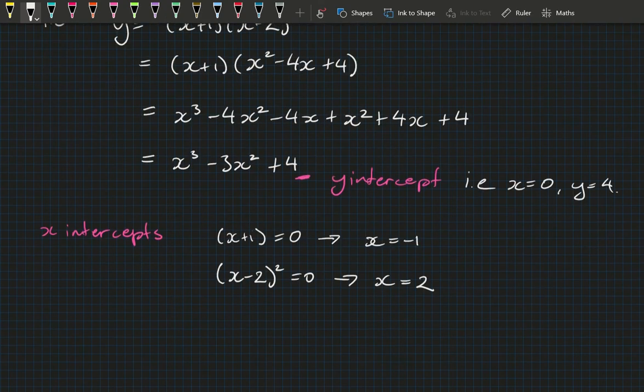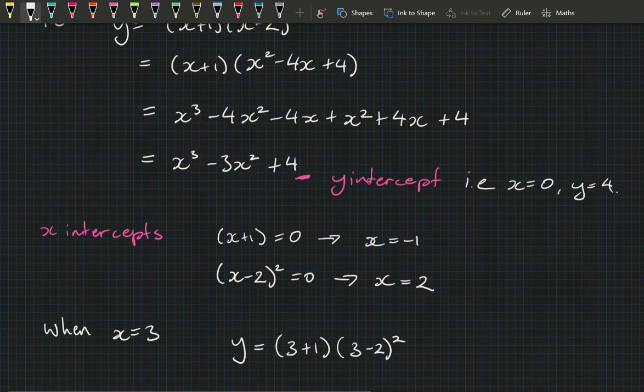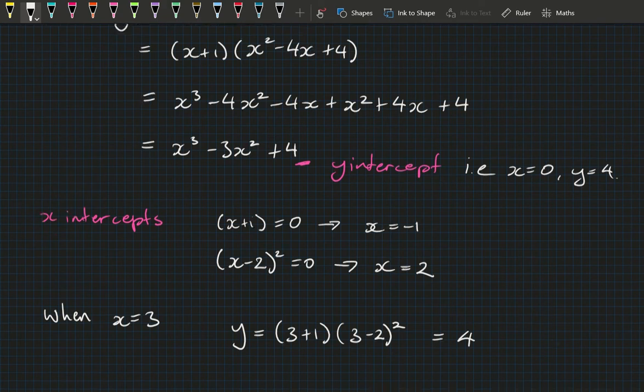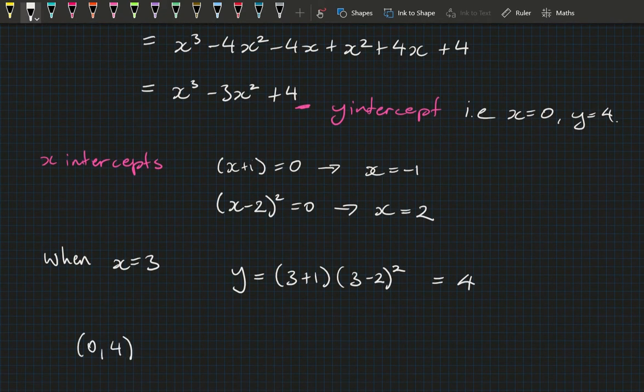I'm just going to pick x equals 3 and sub that in. And 4 times 1 squared is equal to 4. So my 4 points are: x is 0, y is 4. I've got x is equal to minus 1, then y is 0, and x is equal to 2, then y is 0. And this final point here, x is equal to 3, and y is 4.